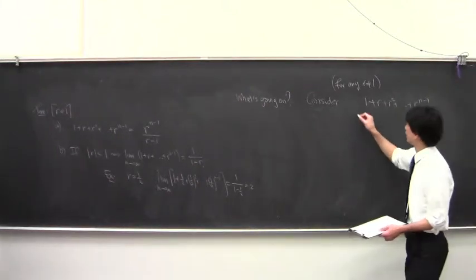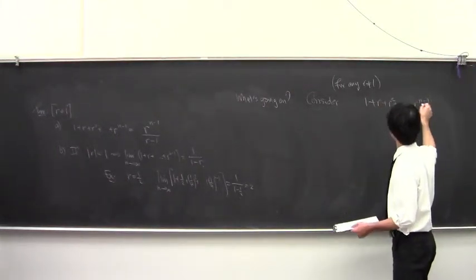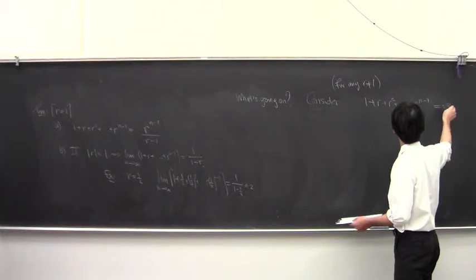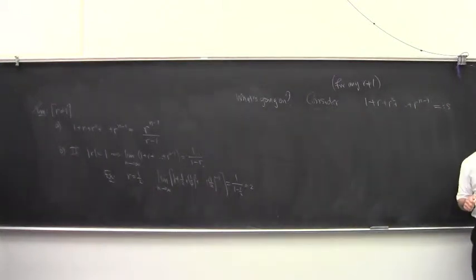And let's call that thing s, s for sum. We're trying to figure out what the sum is. Maybe I'll call it s of n for the sum of n terms.